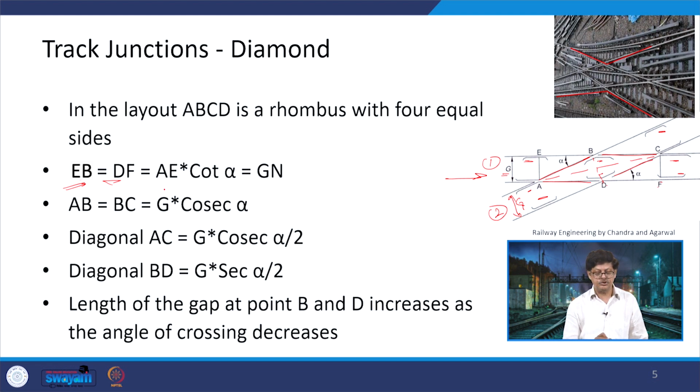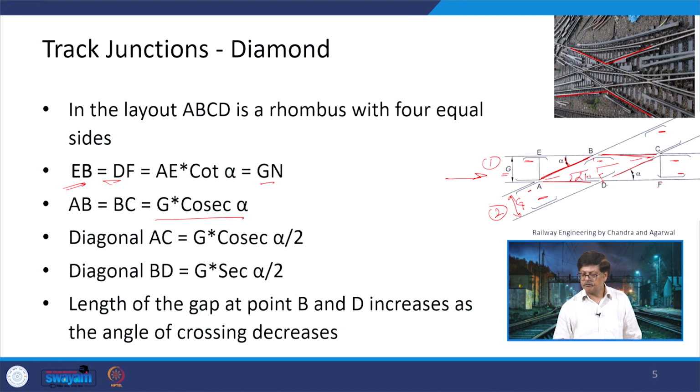A is equal to G, so it is G into cot alpha, which can also be written as N, so this is Gn. Then AB, which is equal to BC on the basis of the property, and when you are talking about this AB, this angle is alpha and this distance is known as G. So it is G cosec alpha. Then diagonal AC, now the angle which is being given will become half.